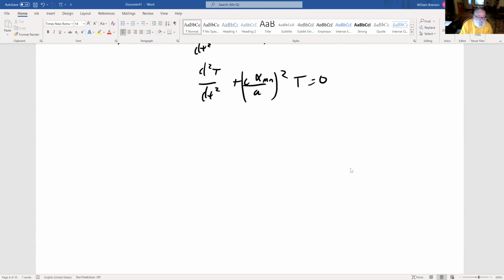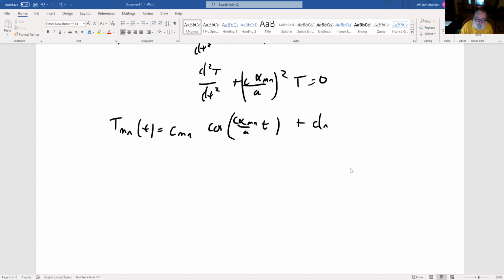And so we have T mn, our solutions to that differential equation are Cmn cosine of c alpha mn over A t plus Dmn sine c alpha mn over A t.